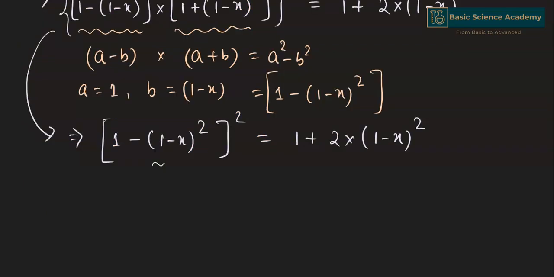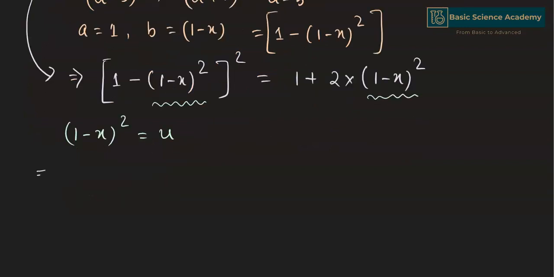We have (1 minus x) to the whole square repeated throughout this equation. Hence, in order to simplify this equation, let's consider (1 minus x) to the whole square equals u.